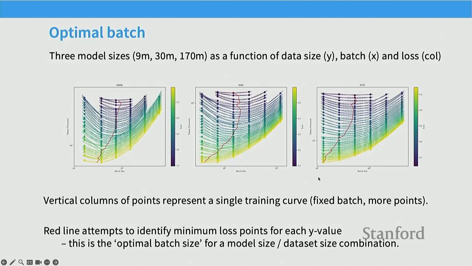The vertical columns here represent a single training curve, and then quadratics are being fitted to try to identify the minimum. Right? So the red line here is the minimum across all of these points as we go upwards. And this is trying to tell us the optimum batch size for a particular choice of model size and dataset size.